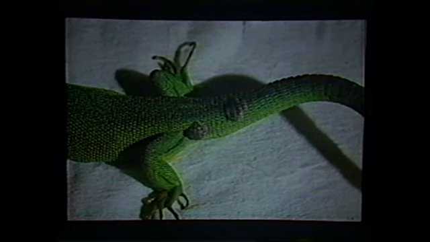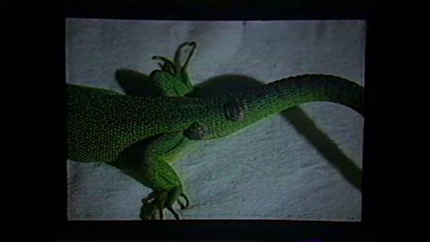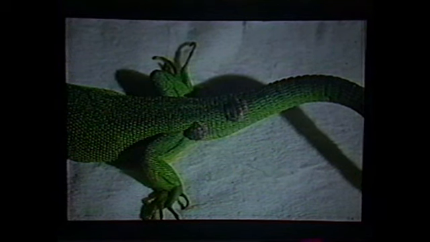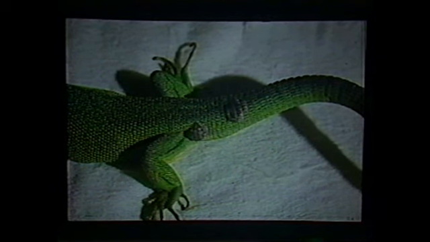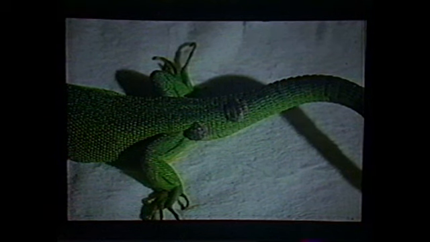This is a lacertid lizard, Lacerta viridis, which is a European species, found not in Britain but throughout much of the continent. And these have been well recognized as being host to a papillomatosis. You can see two papillomata here, which are particularly prevalent around the base of the tail and around the head, and which can cause quite severe problems when these lizards are kept in captivity, particularly for research purposes.